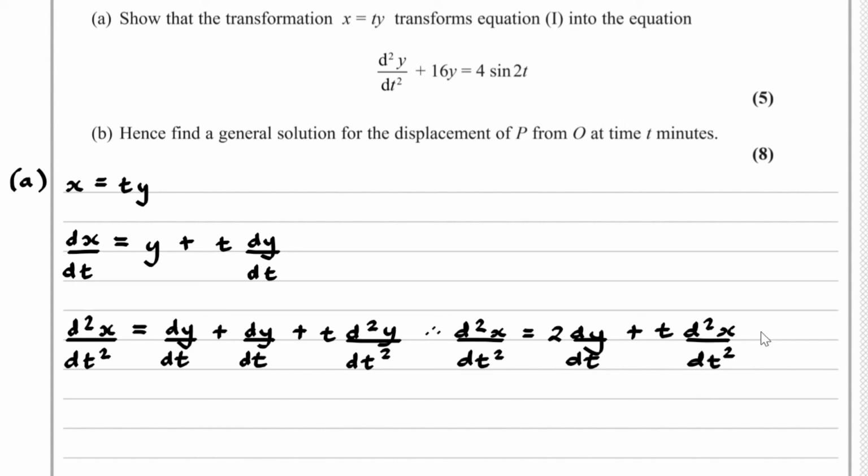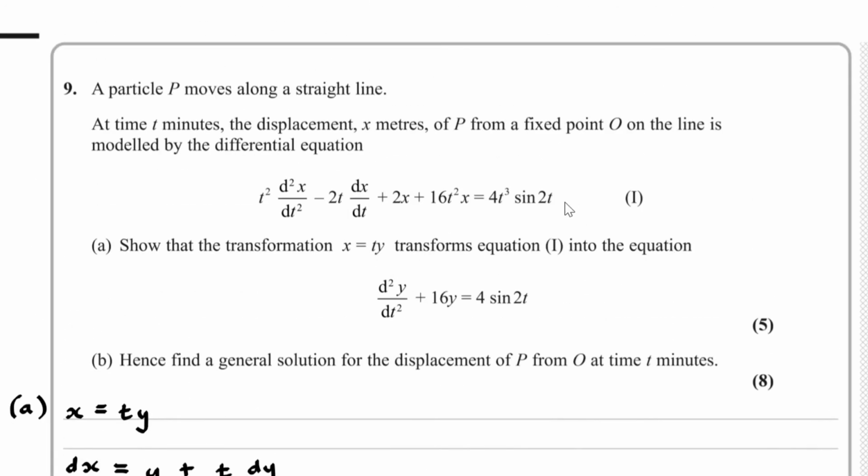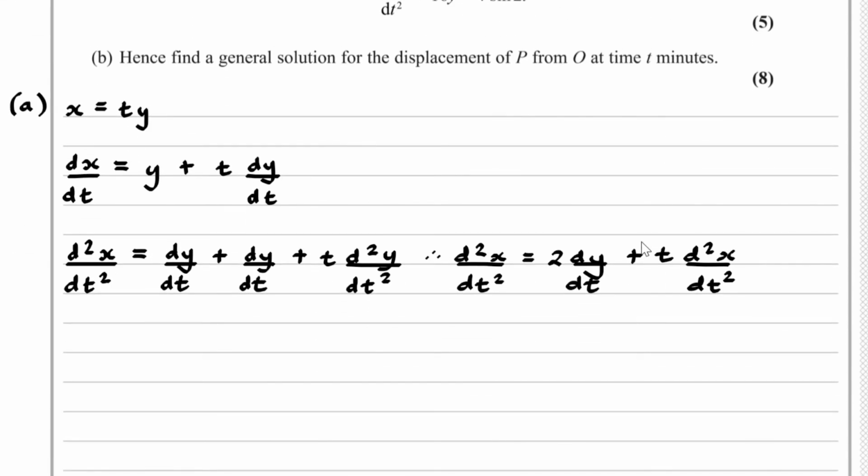So what we'll do is we will call this 1 and we'll call this 2, we'll call this 3, and we'll call this 4. And what we'll do is we'll substitute in 2, 3 and 4 into 1.